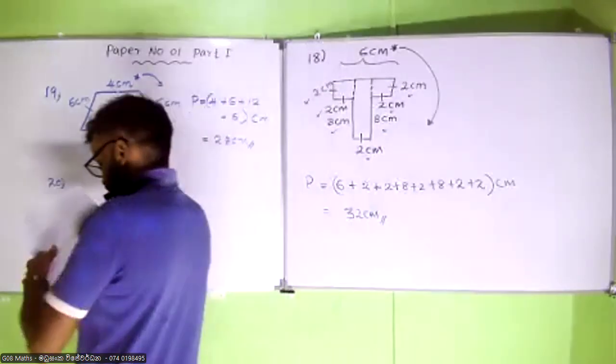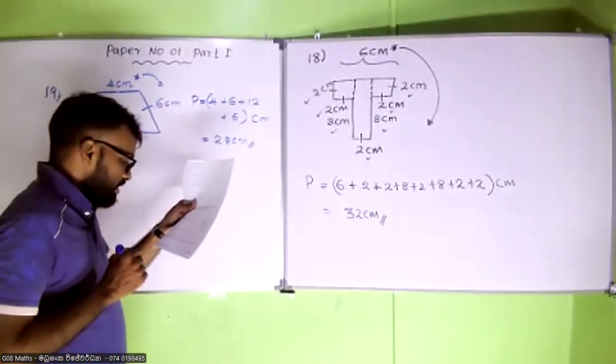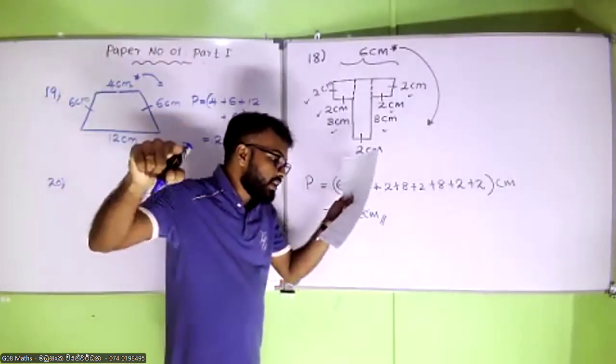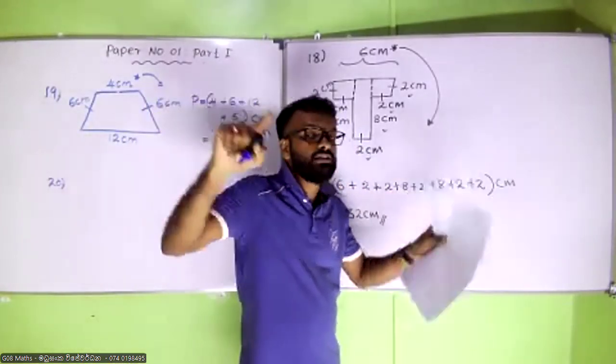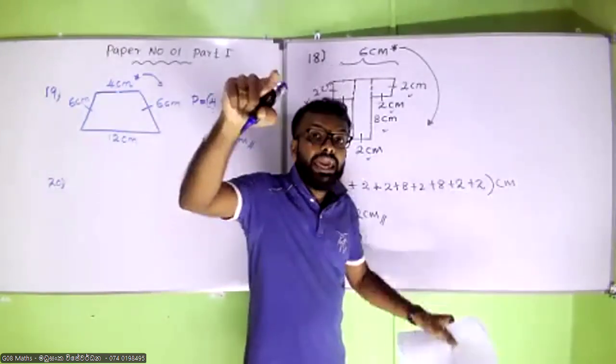Right, so in the 20th question, they are asking what is the 8th term of the number pattern of the triangular numbers starting from 1 and written in ascending order. They are asking for the 8th term.